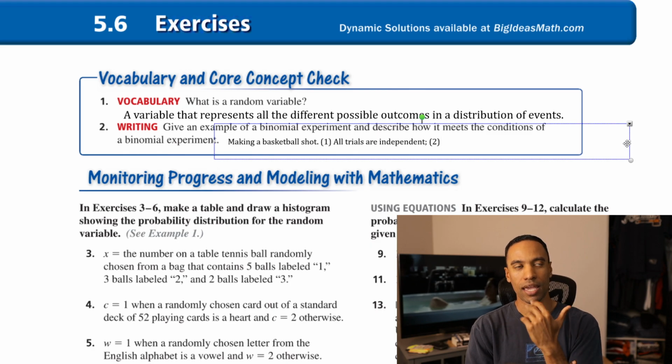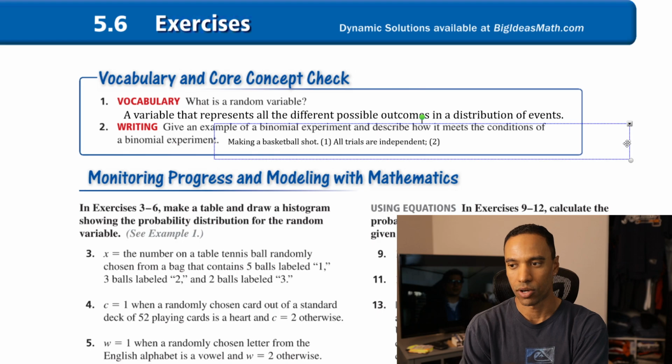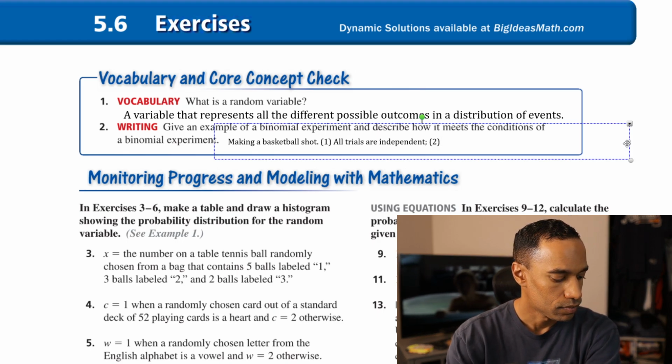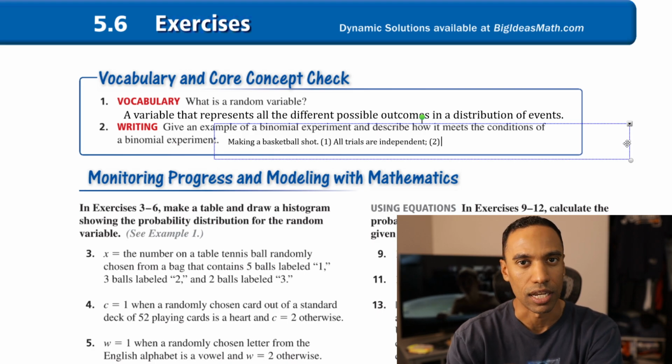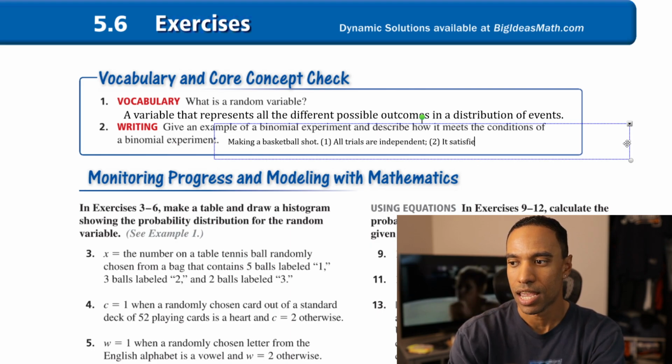But in a vacuum of shots, when you see them, they're independent. So all trials are independent. All your shots are independent. It satisfies a binomial condition. It satisfies the fact that either you make the shot or you miss it.